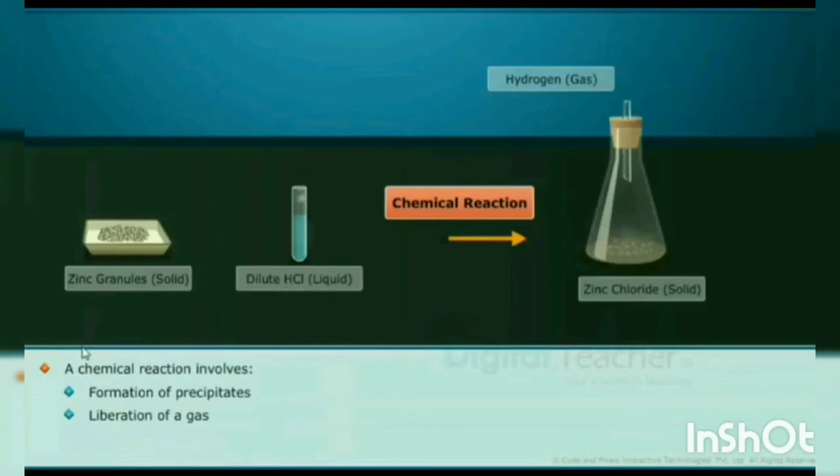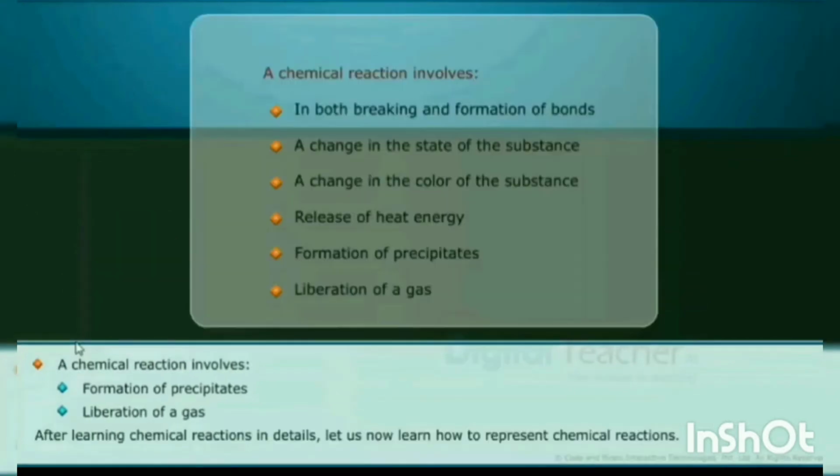So all these are the observations for chemical reactions. So if there is any chemical reaction occurring in our surrounding, then these observations might help you to identify the change. Is it of a chemical nature or a physical nature?